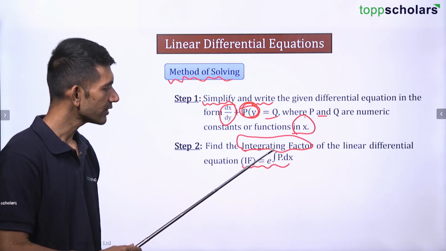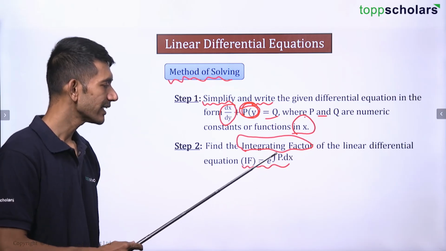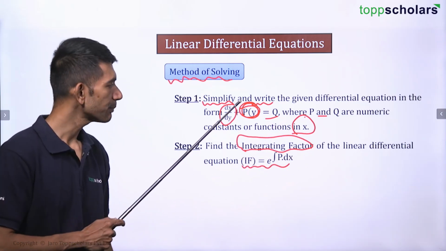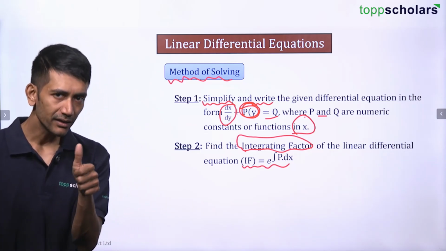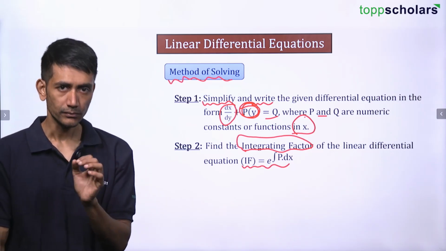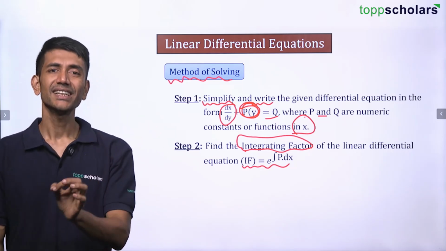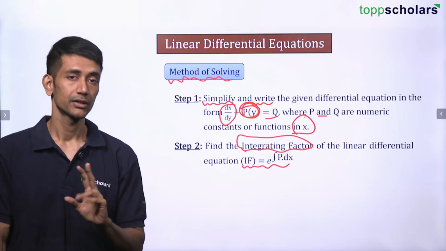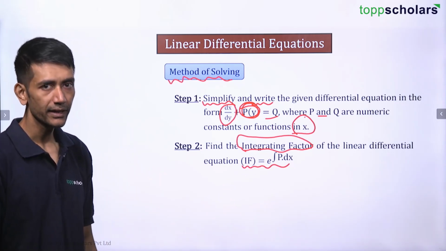So we will have e raised to integral of x square dx if P is x square. I hope you are getting the point. So P is either a constant or a function in x. That's it. It should not be anything apart from that. Okay. So that is how you find the integrating factor.